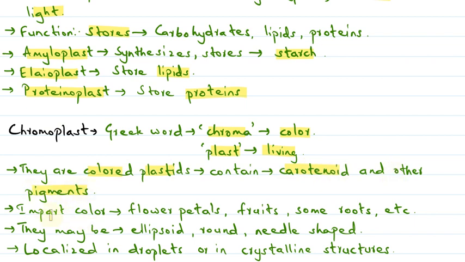Their main role is that they impart colors to different parts of the plant, like flower petals, fruits and some roots. These chromoplasts may be ellipsoid, round or needle shaped, and they can be localized in droplets or in crystalline structures. Okay, so this is about chromoplast.